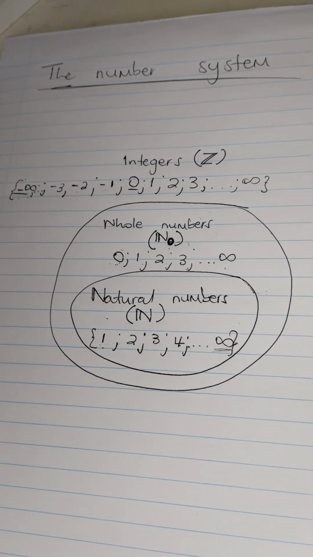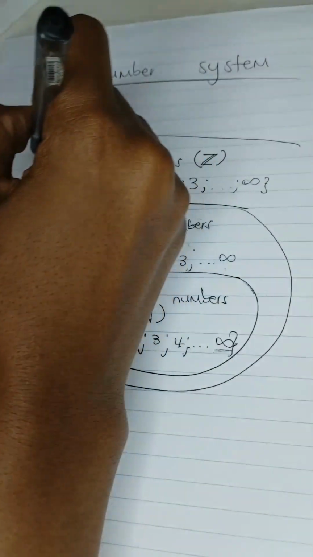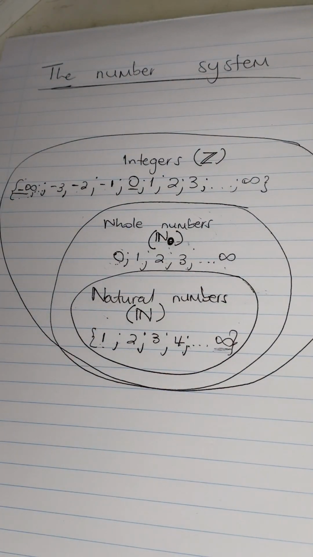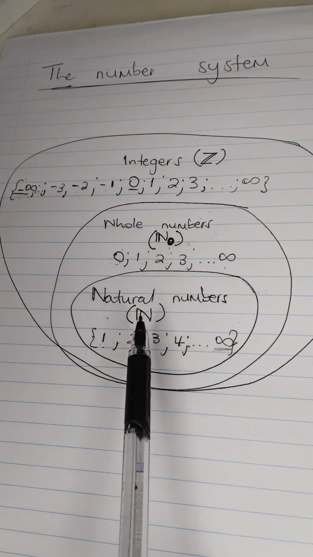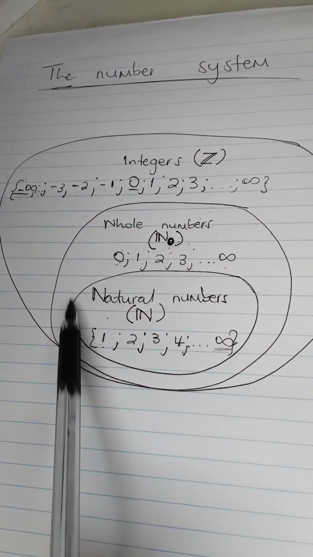Now we continue with our number system diagram. You see it has natural numbers inside a circle, and then the whole numbers.